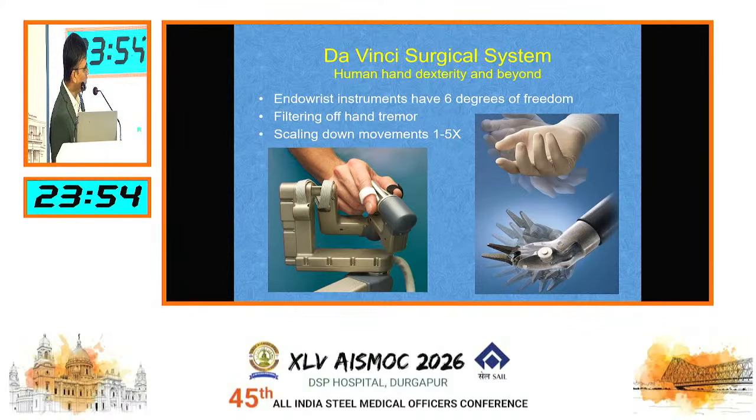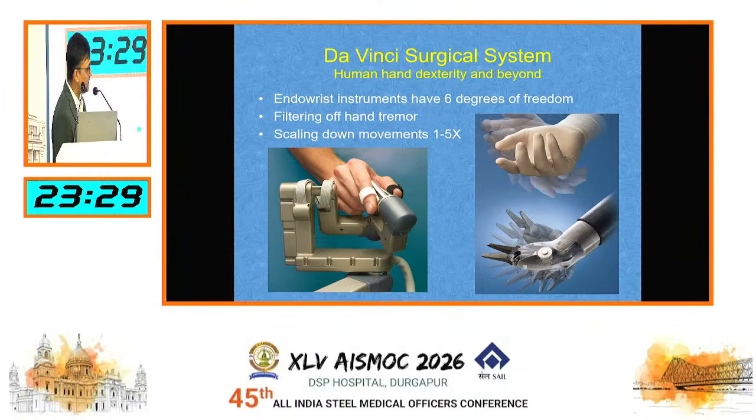It was almost as if I had my hand inside the patient's body. Just imagine if I have to put two of my hands and two hands of my assistant, so four hands into a patient's abdomen, you need at least a 20 or 25 centimeter incision. But this company made instruments similar to the wrists of humans, called endo-wristed instruments.